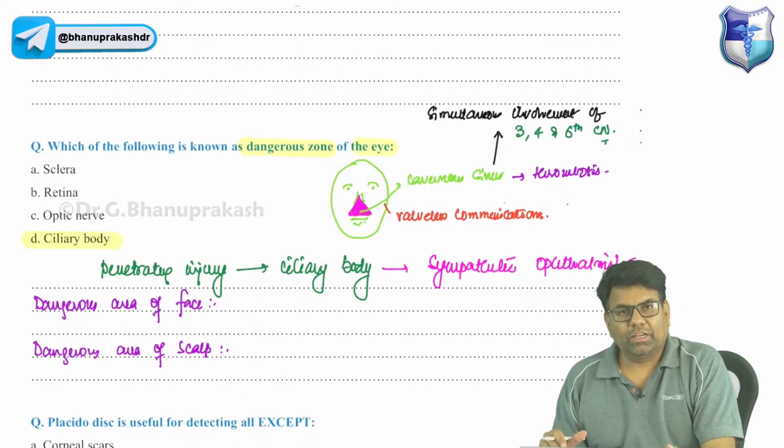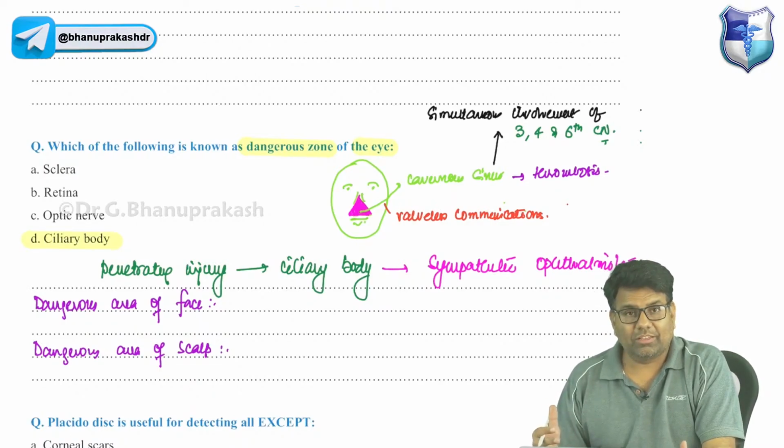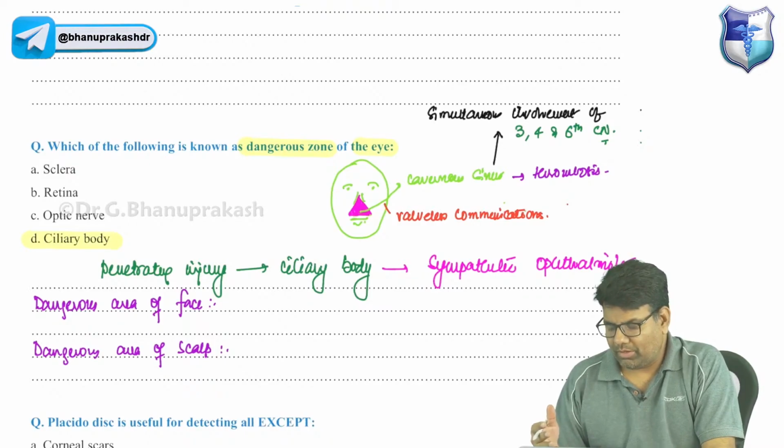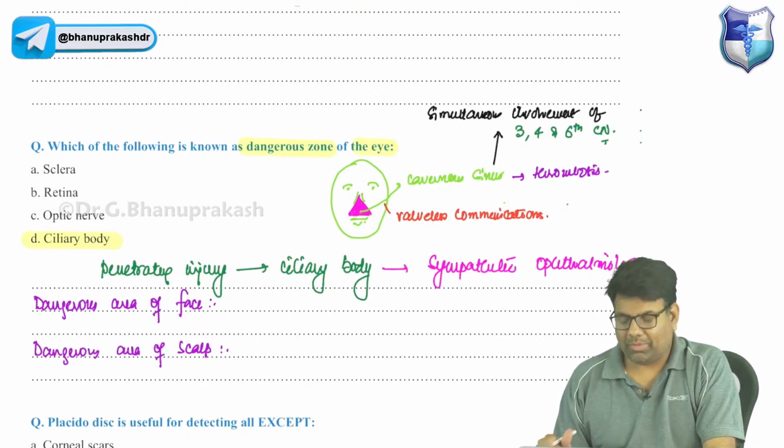And therefore, if you see a case of a person with simultaneous involvement of third, fourth, and sixth cranial nerves, along with proptosis and other features of cerebral infection. Apart from that, in terms of nerves supplying the extraocular muscles, particularly 3, 4, and 6, think of cavernous sinus.